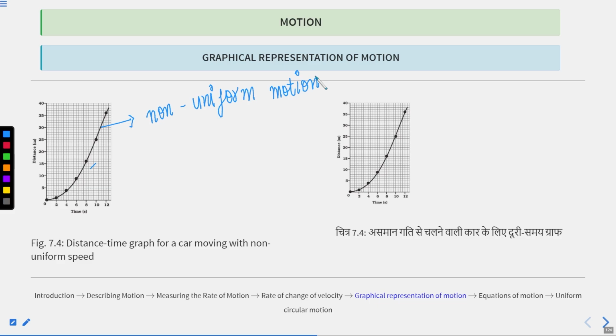But according to the data, the time interval is constant, but the distance is increasing gradually. What does it mean? It means that the car is accelerating.